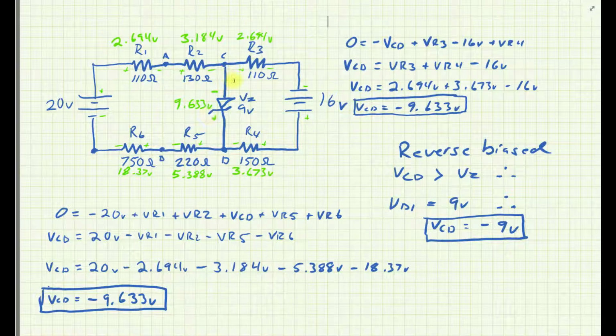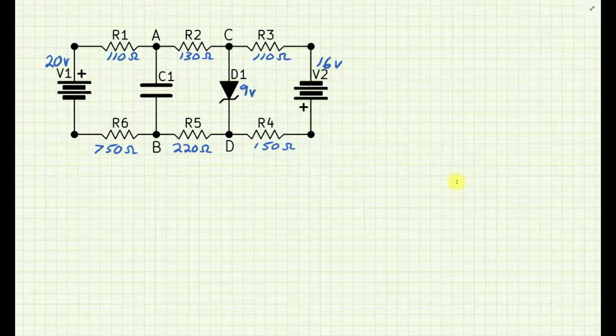So now that we know this voltage and polarity, C to D, we'll resolve all those outside resistors, and then we'll know the final voltages and currents for them. We still need the A to B voltage to figure out where that capacitor will charge. So let's go ahead and get that finished up right now.